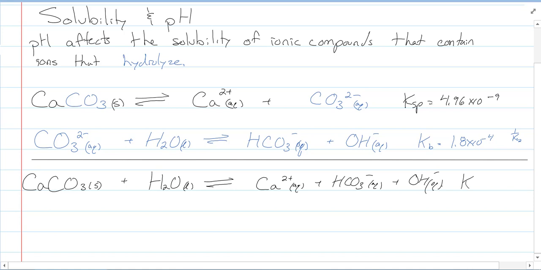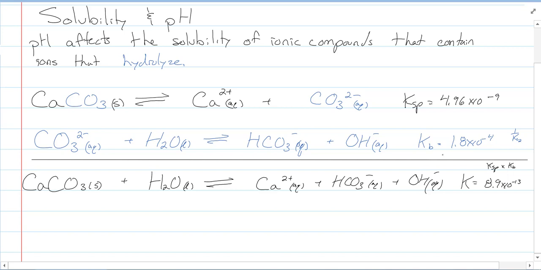And this K would be equal to KSP times KB, which happens to be 8.9 times 10 to the negative 13th. So if you look at that, it says K is smaller than the KSP or the KB.